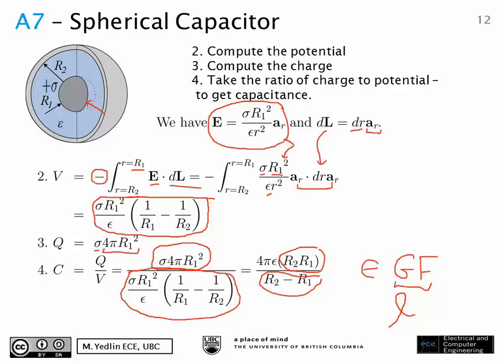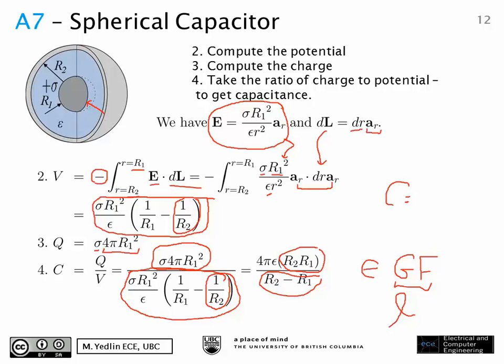Now there's one more interesting feature of the spherical capacitor, and that is if R2 is infinite, this 1 over R2 will be 0, and this 1 over R2 will be 0. And so you can see from the algebra, as R2 is infinite, what do you get for the capacitance of an isolated sphere?